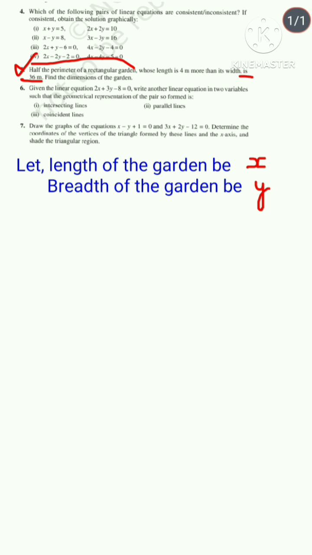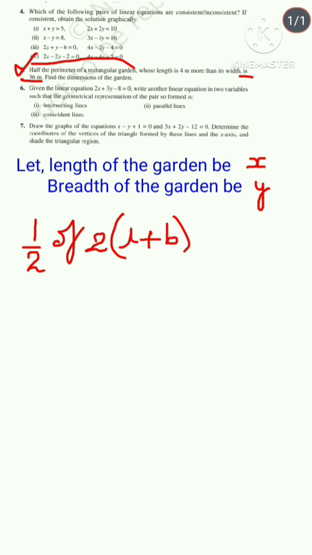Half the perimeter, it means 1 by 2 of the perimeter of a rectangular garden, and we know the formula for finding the perimeter of a rectangle. The same thing can be written over here: 2 into (L plus B), which is equal to, here is given, 36 meter, right?